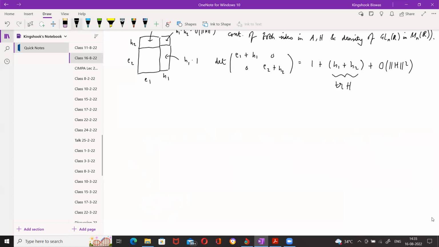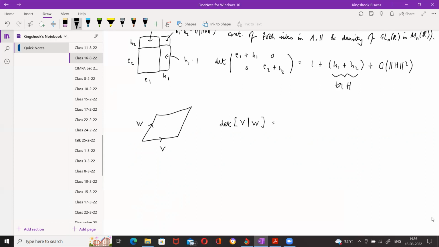So if I have two vectors in R2, V and W, the determinant of V, W, what is this?